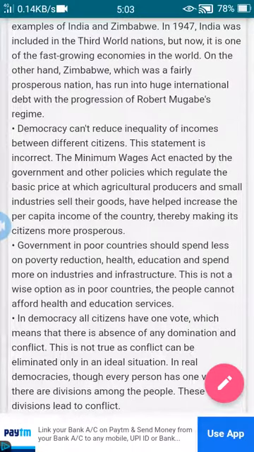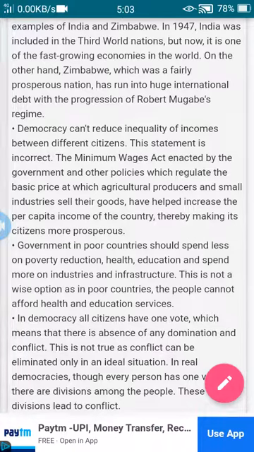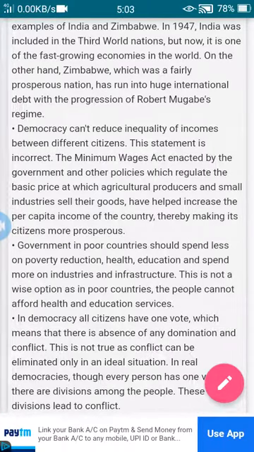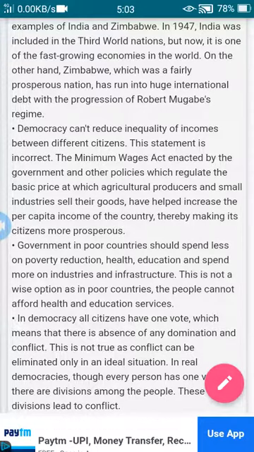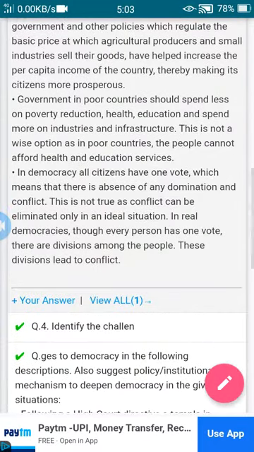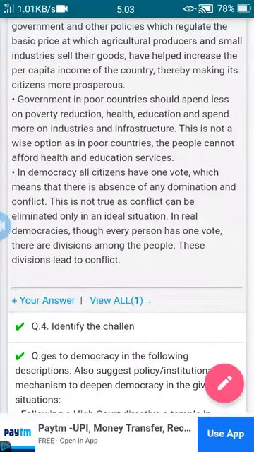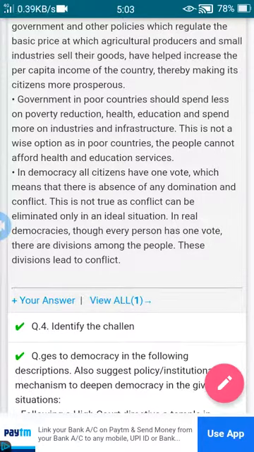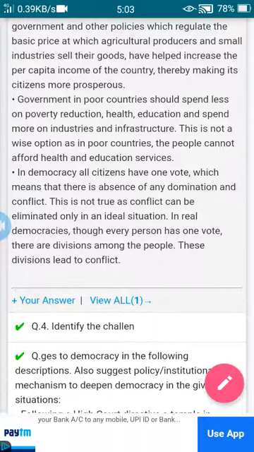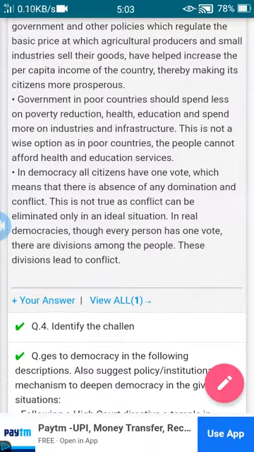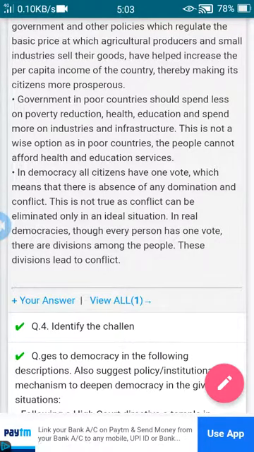Third argument, the government in poor countries should spend less on poverty reduction, health, education, and spend more on industries and infrastructure.